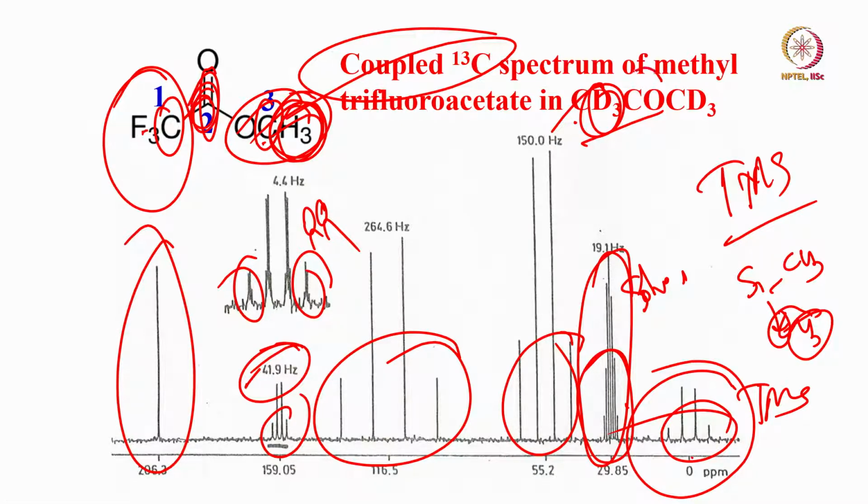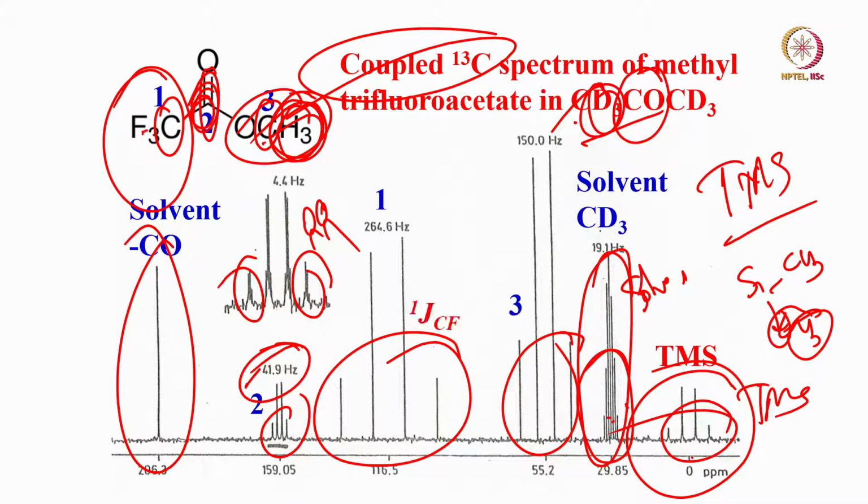Remember, this is the carbonyl peak of the solvent CD3COCD3. This is the CD3 carbon, whereas this is the CO carbon of the solvent. That is how we can interpret the spectrum very easily. So, now all carbons can easily be assigned, solvent, everything, and you can measure directly CF coupling and also CH coupling because it is not proton decoupled.